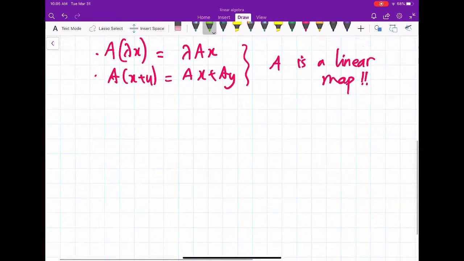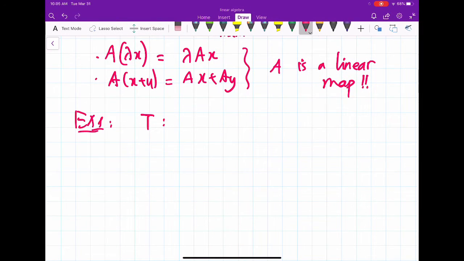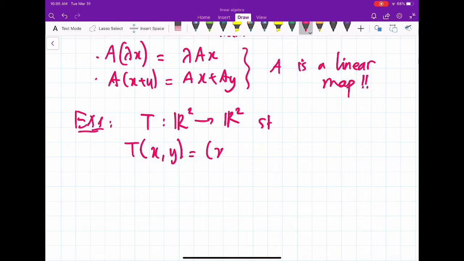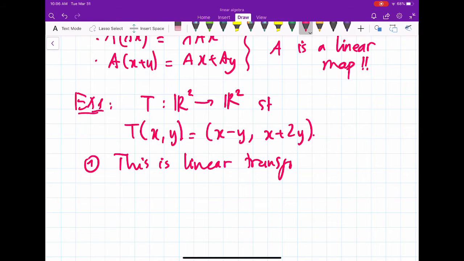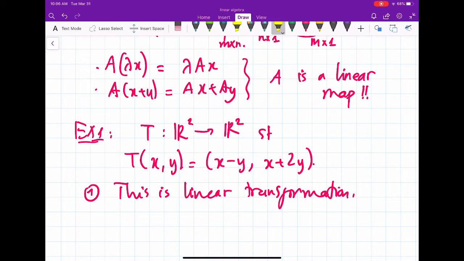Let's consider the following example. You have a map T from R2 to R2 such that T(x, y) equals (x minus y, x plus 2y). First, this is a linear transformation. Why? Because that map satisfies these two properties.